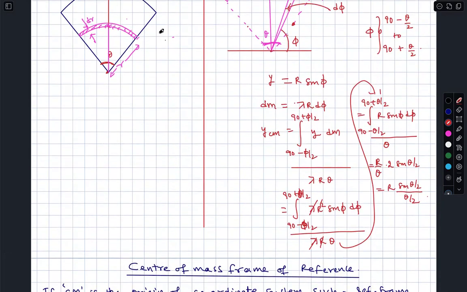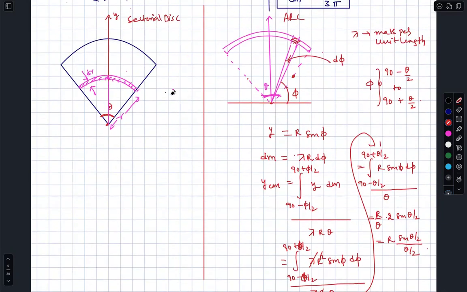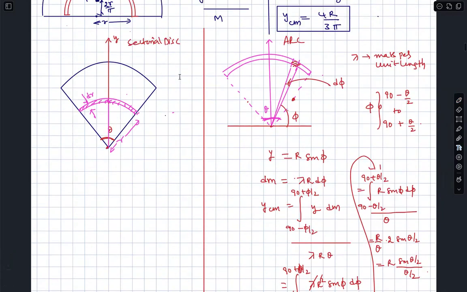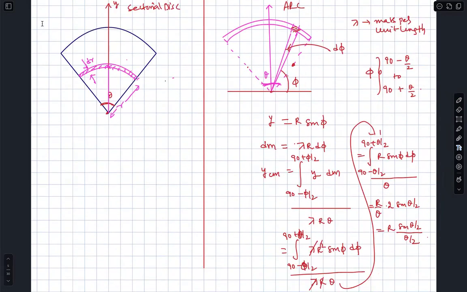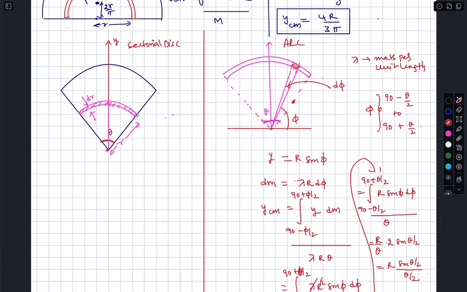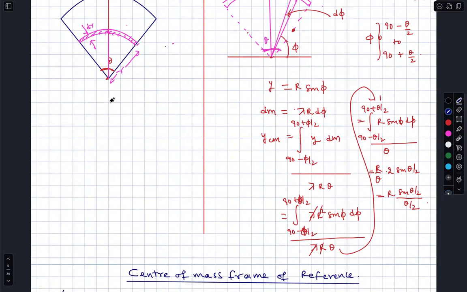Yeah, please tell me now. So one such element, now sigma as usual, sigma is mass per unit area. One such element I am taking, y is, now you should use this relation, r sine theta by 2 by theta by 2. This is where I have done the mistake.